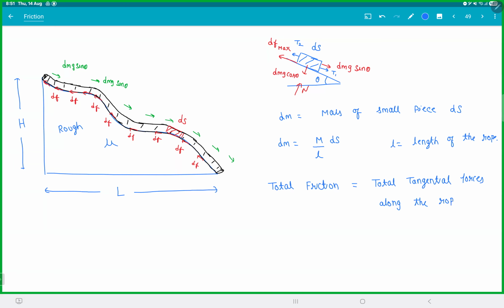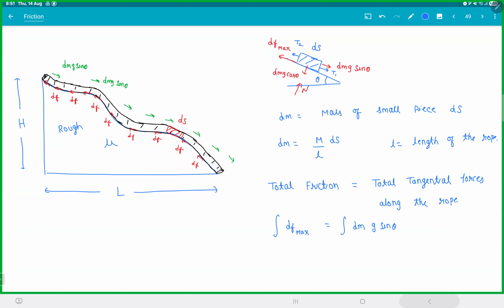So all these frictions will balance all these dmg sine thetas together. So that means this will be integral df is equal to integral dmg sine theta. So far clear, everyone? So all these frictions will balance all these dmg sine thetas. Any doubts on this page?